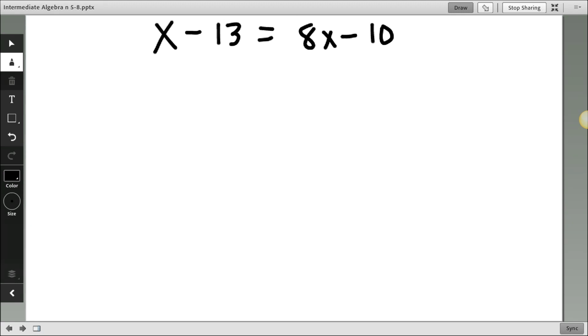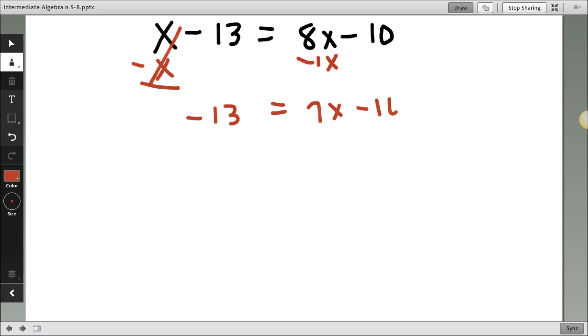Remember, I want to move the smaller variable to the side where the larger variable is. In this case, a single x is smaller than 8x. So that gives me negative 13 equals 7x, because there's an assumed 1 right there, minus 10.